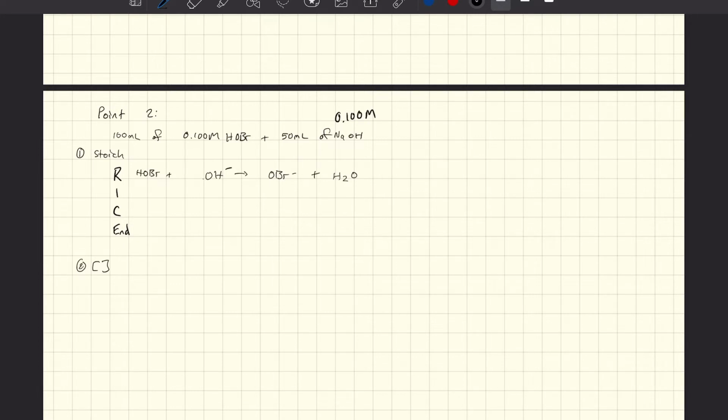These need to be in moles. So HOBr is 0.0100, OH- is 0.0050, and the concentration of OBr- is 0 initially. Hydroxide ion is our limiting reactant.